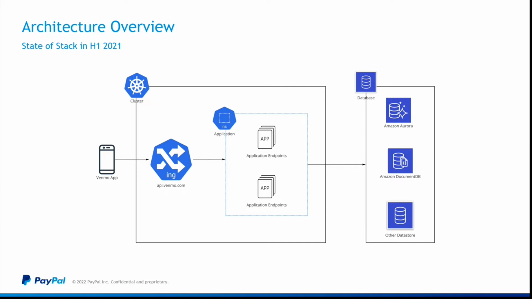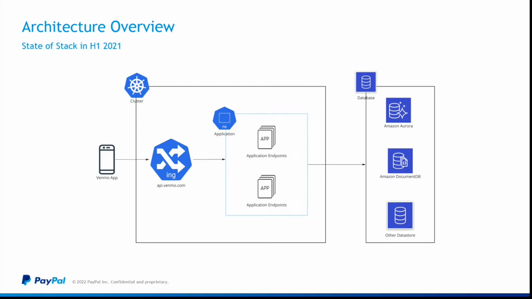Just a very high level architecture overview at the start of 2021. Looking at it at a high level, many of you might have a similar looking stack. At Venmo, we use Kubernetes for hosting our application. As you can see, there is a namespace called application which hosts multiple application endpoints.